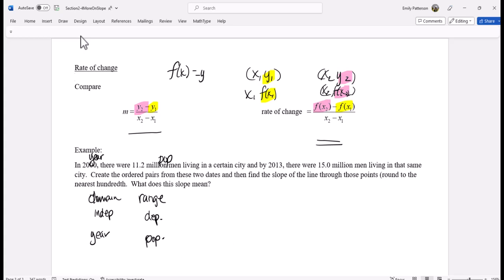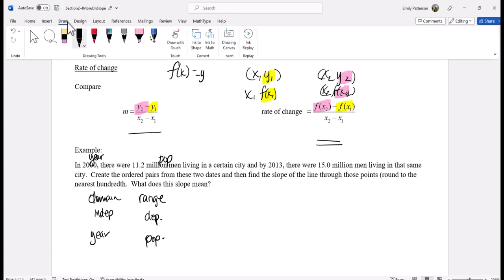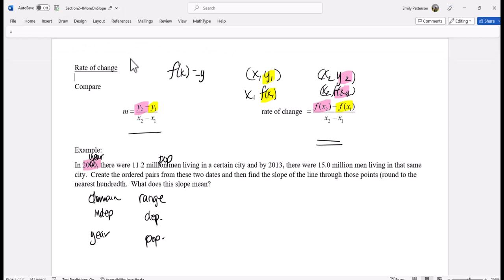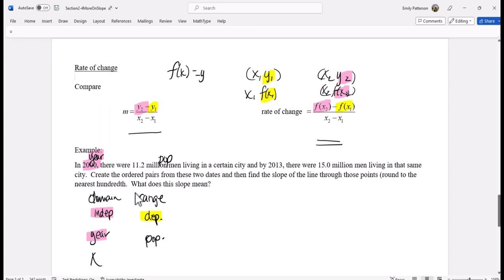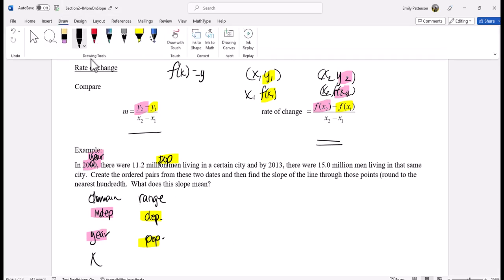So now I know that my year is going to be my independent, which is also going to be my x, and then my dependent is going to be the population, which is also going to be my y. So then we're going to extract these two situations.